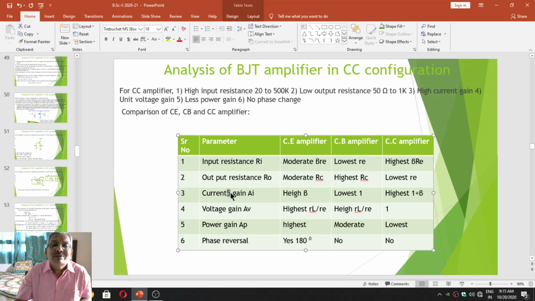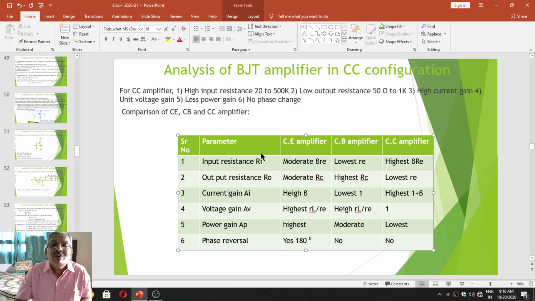Current gain, that is Ai. For common emitter configuration it is beta. For common base configuration it is the lowest, that is 1. Common collector configuration it is 1 plus beta, it is highest.